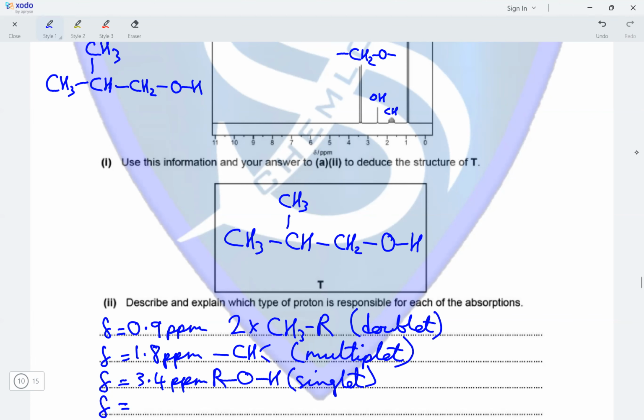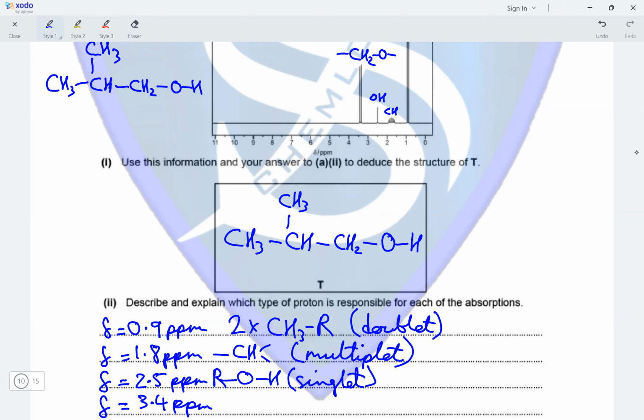This peak is at 3.4. So the peak for the alcohol is not at 3.4, that is at around 2.5. So let's correct the mistake. This peak is at 2.5 ppm for the alcohol.